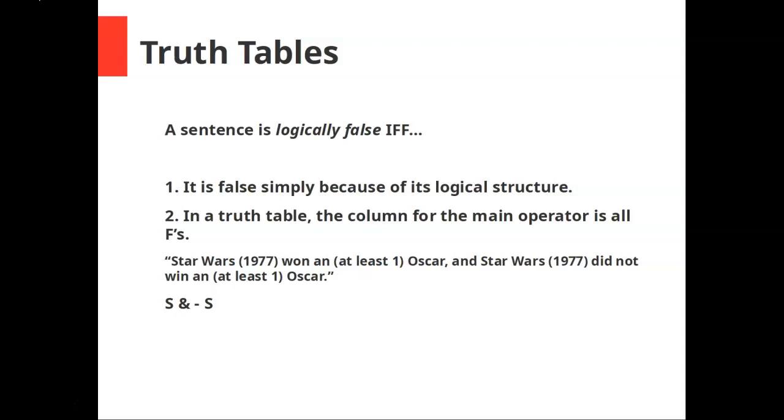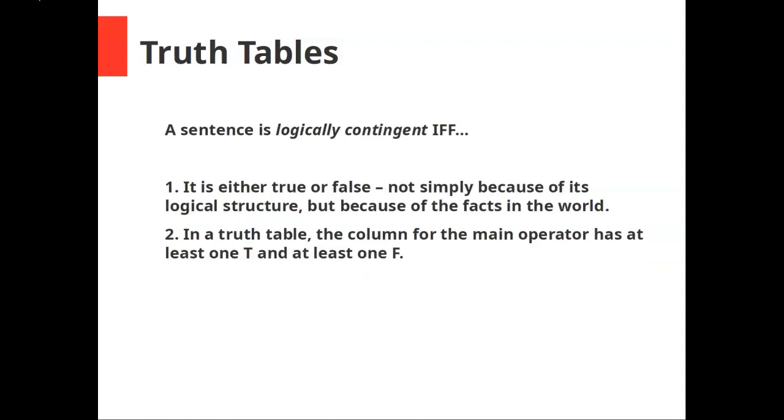It's self-contradictory. And then last, a sentence is logically contingent if and only if it is either true or false, not simply because of its logical structure, but because of the facts in the world. Or, to put it differently, in a truth table, the column for the main operator has at least one T and at least one F. So take the sentence, if you are in Los Angeles, then you are in California. We would translate that as L conditional C. That is logically contingent.